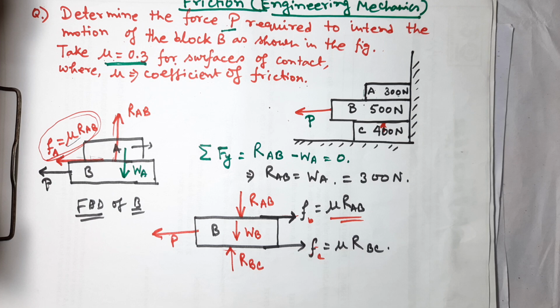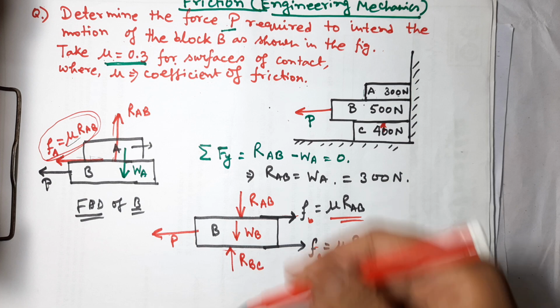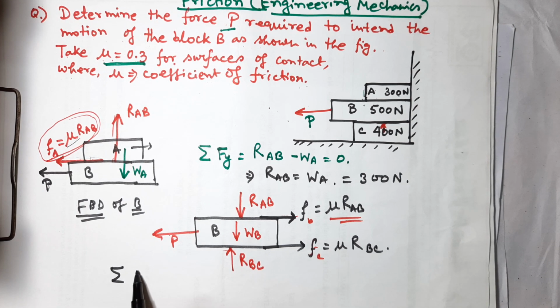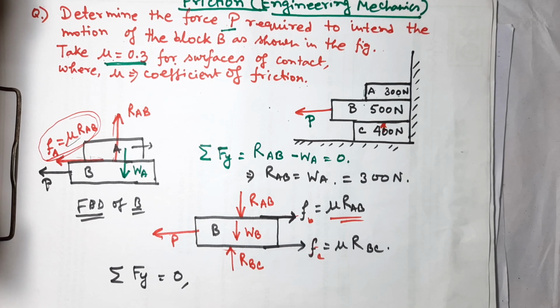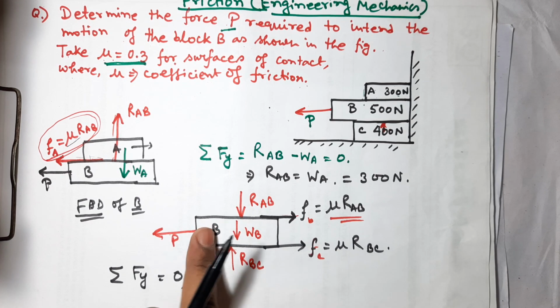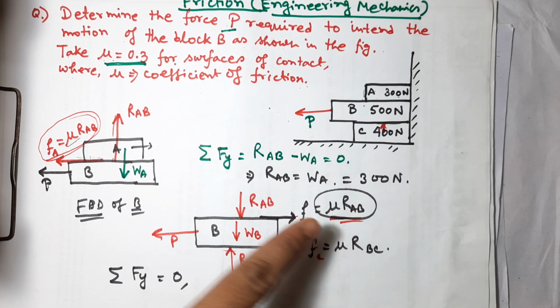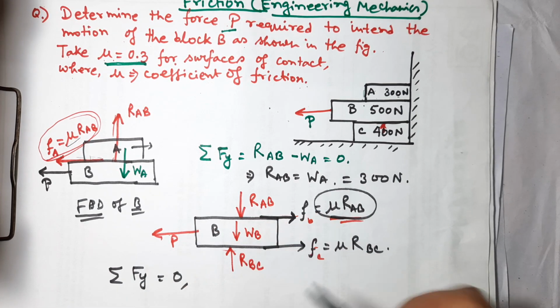Here I am considering the B block, so try to understand the things on the B block. On the B block, how many forces are acting? That is RAB. If we consider the total forces along the y axis, that is 0.